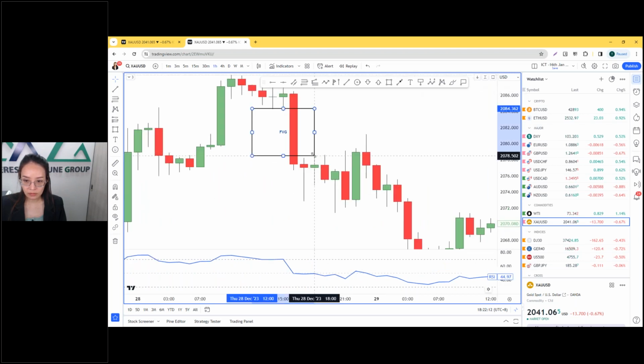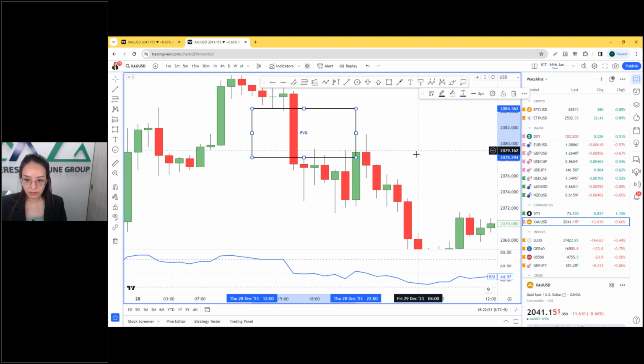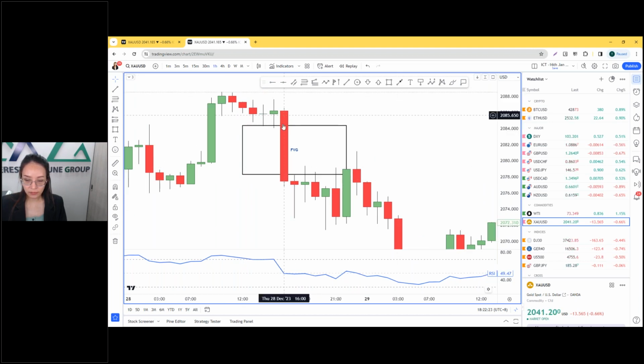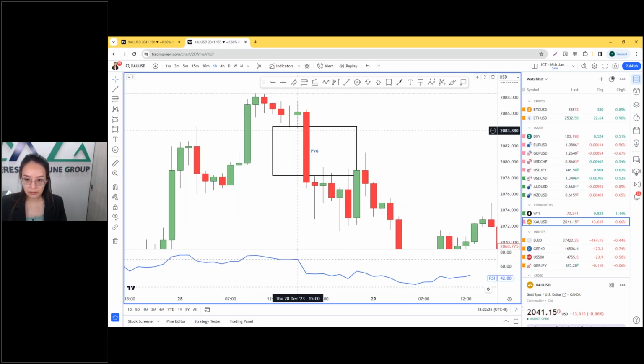This one is your fair value gap. Ignore this candle first, right? Imbalance, really big bearish candle. Okay, this is the wick: first candle, second candle, third candle is the wick here. So there's remaining order here.